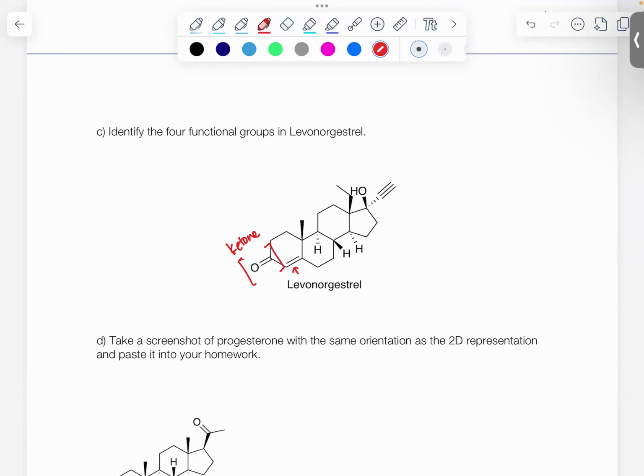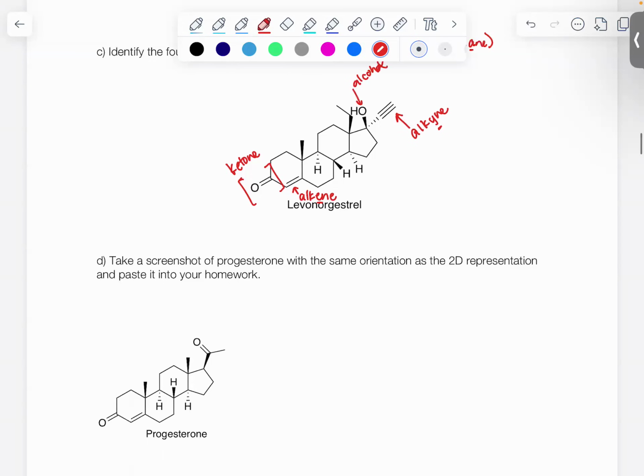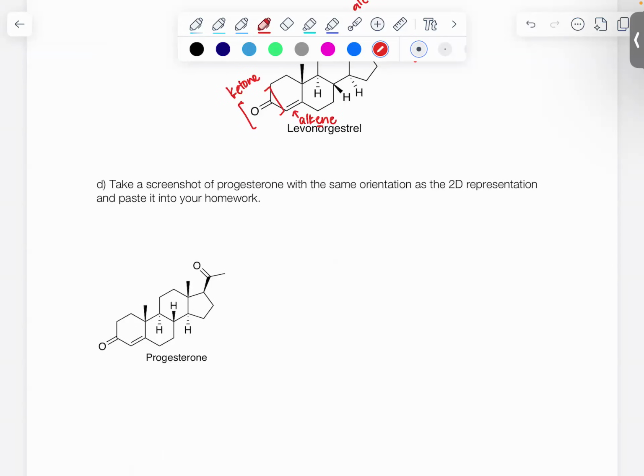We have a carbon-carbon double bond, which is an alkene. And then over here we have a triple bonded carbon-carbon, and that's an alkyne, which, by the way, single bond is an alkane. So all that changes is that vowel. And then finally here we have an alcohol.